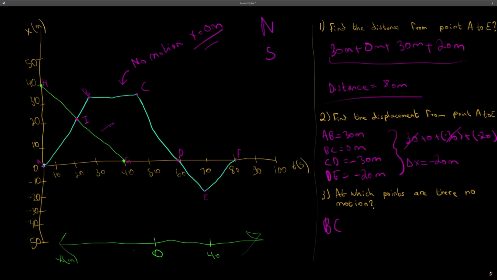We can take a better look at this by drawing this on a number line where x is the base or the numbers. So we have 40 meters here. So we look at starting positions at t equals 0 for both cases. So A is 0 and H is 40 meters. So H is here and A is here. Now we're going to see here that H is going to move all the way to 0.